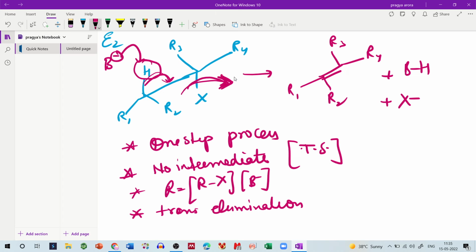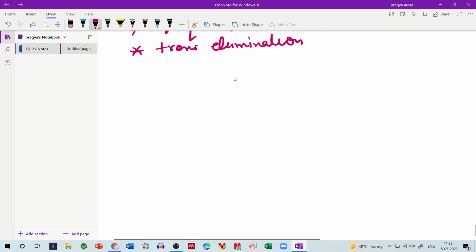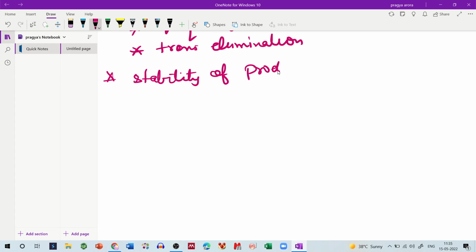You will understand all these factors in brief in upper classes. For now, I was talking about the stability of the product affecting E2.